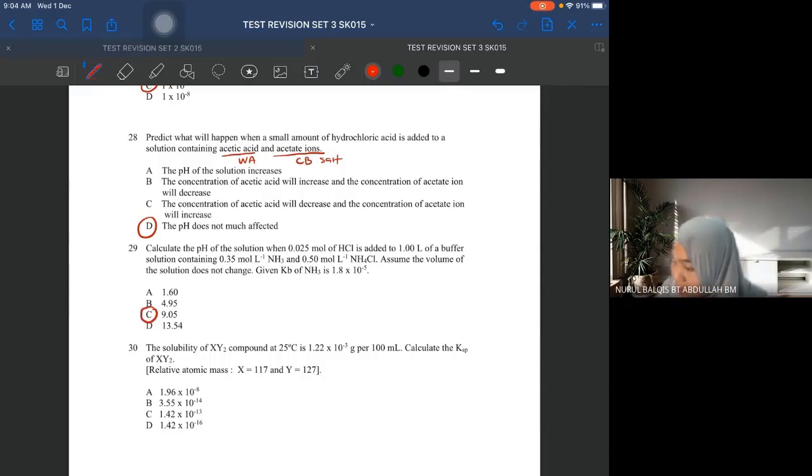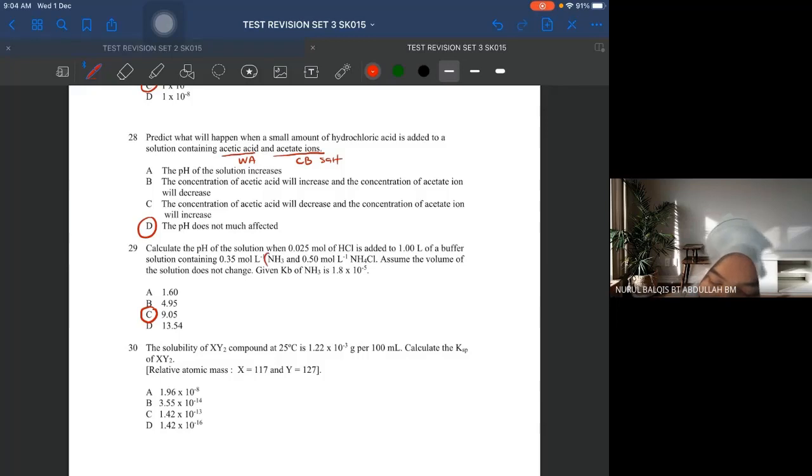So this question number 29, you should do the reaction. So sekarang ni kita ada case NH3. So what is the pH of the solution when 0.025 mole of HCl is added to 1 liter of a buffer solution containing 0.35 mole per liter NH3 and 0.50 mole per liter NH4Cl.